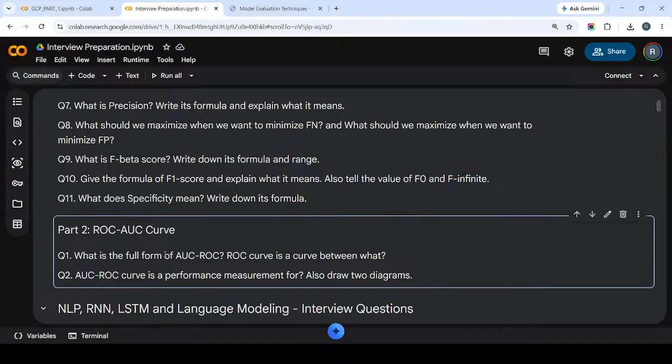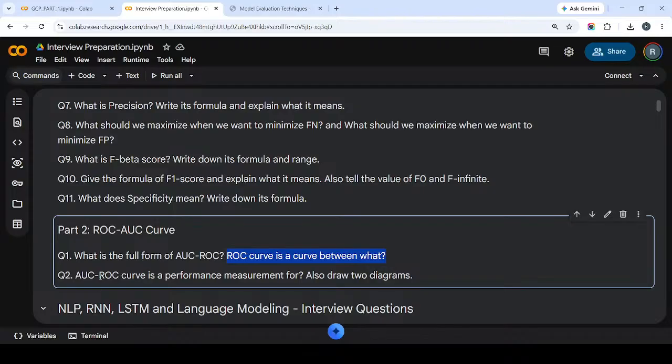Okay, and then we have the ROC AUC curve. The first question the interviewer may ask is what the full form of AUC ROC is. AUC ROC is area under the curve, receiver operating characteristics. And the ROC curve is the curve between false positive rate and true positive rate.